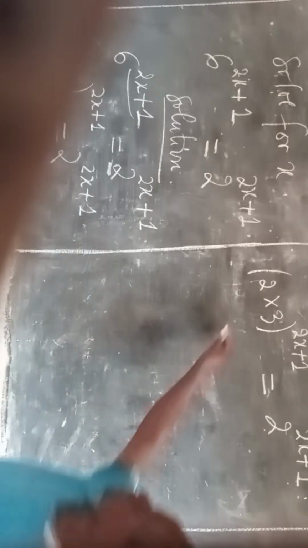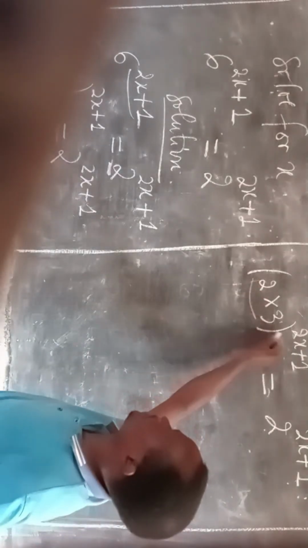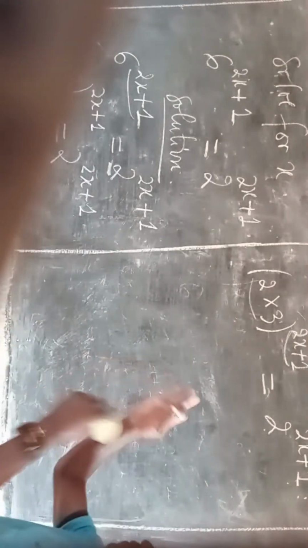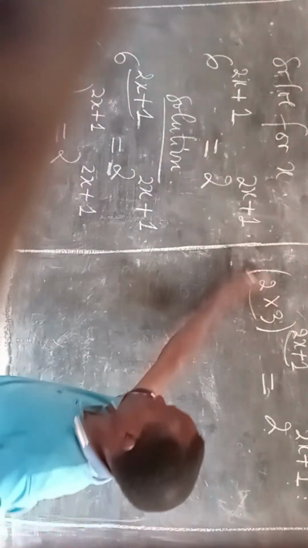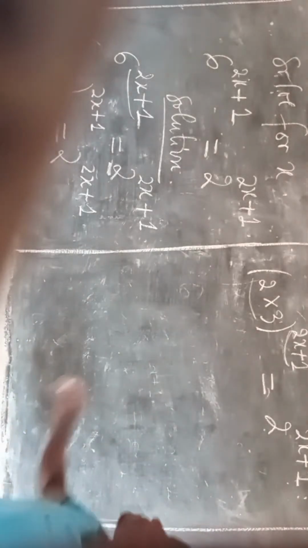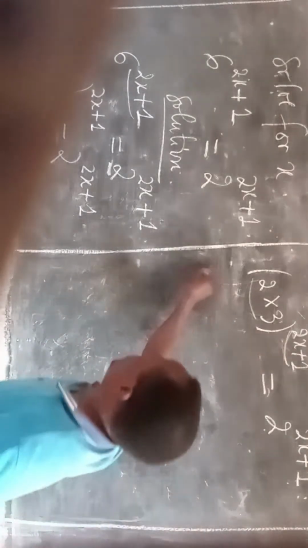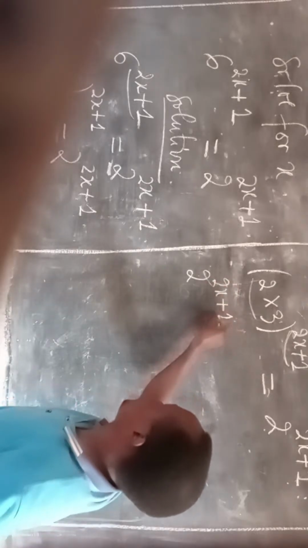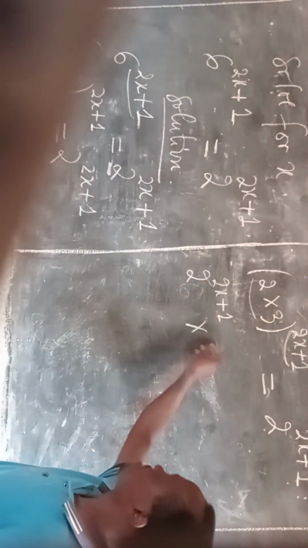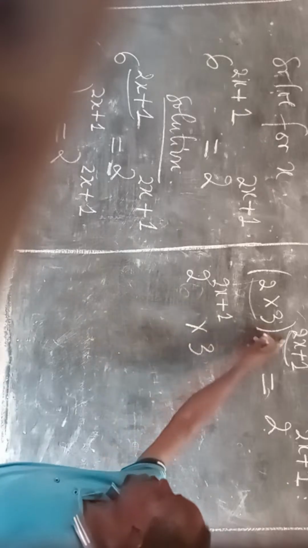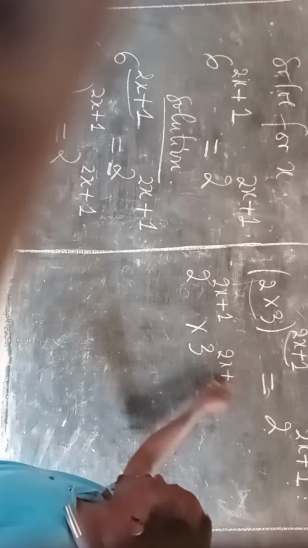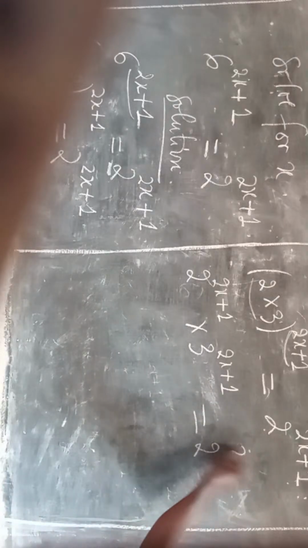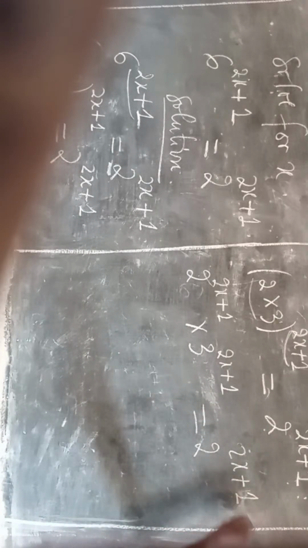You see, there are 2 factors, but they have one power. Now we separate them, each with its power. It is 2 power 2x plus 1 times 3 power 2x plus 1, which equals 2 power 2x plus 1.